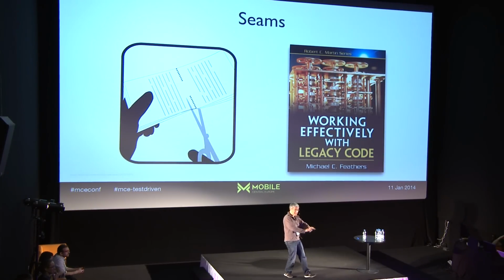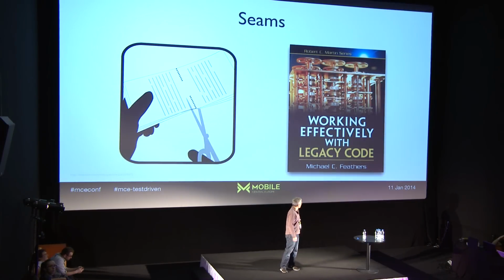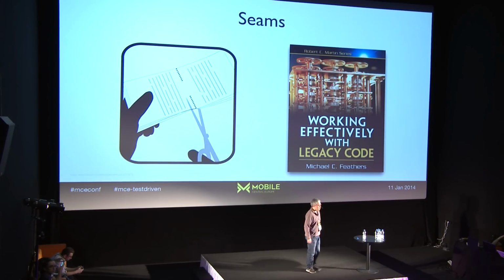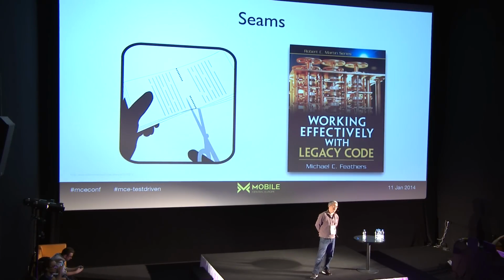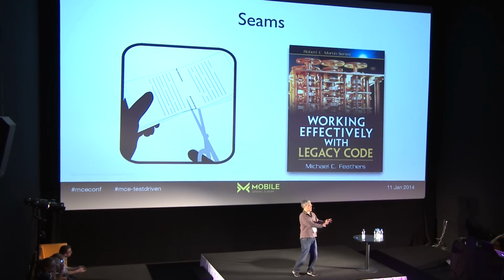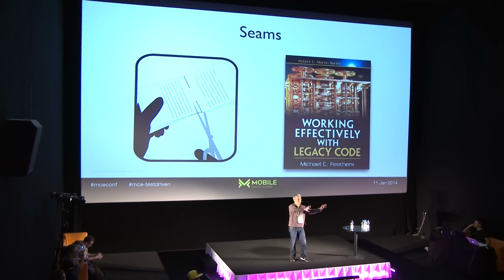This means any code that you just wrote is legacy if it does not have unit tests for it. So this is an important book because it answers the question, well, I don't want to make any changes because I might break something, but I need to make changes in order to make it testable. How do you solve this problem? That's where this book comes in.